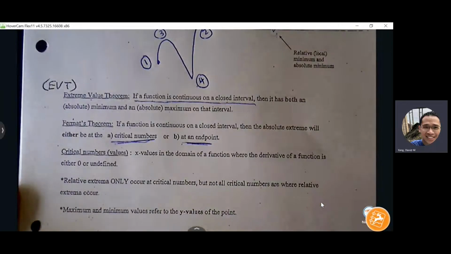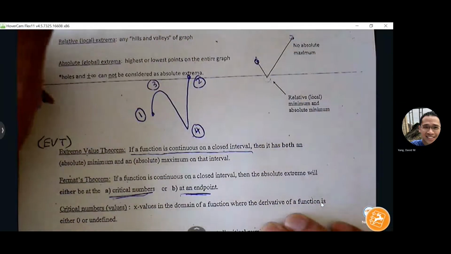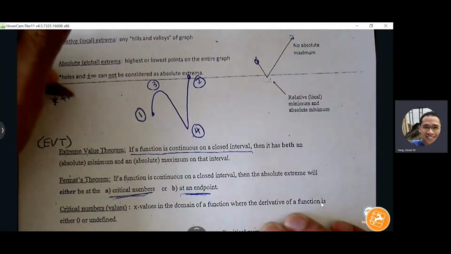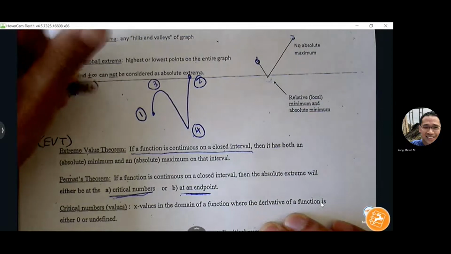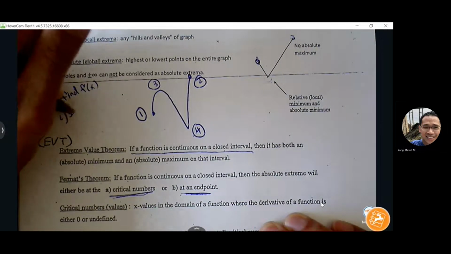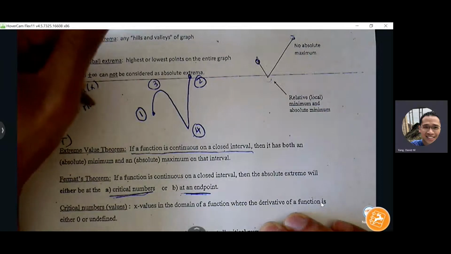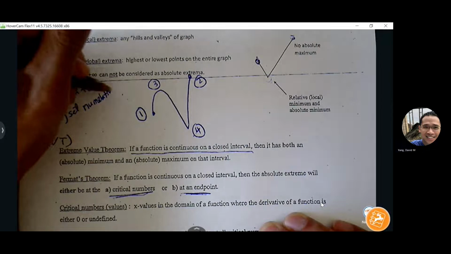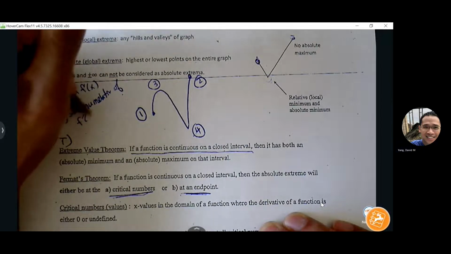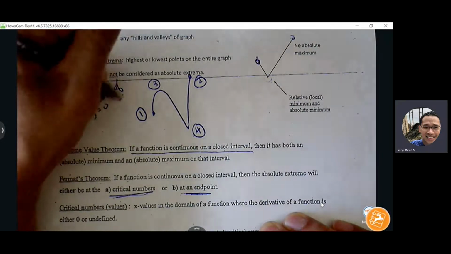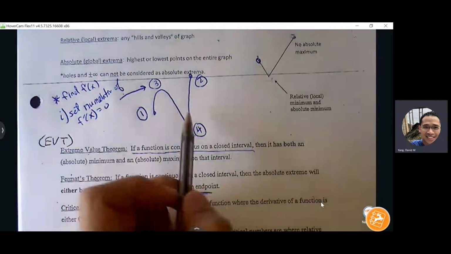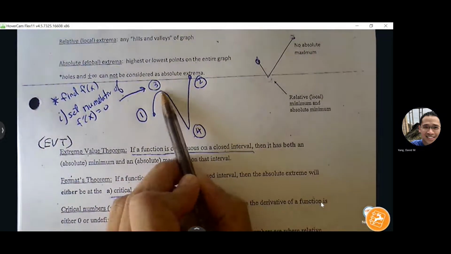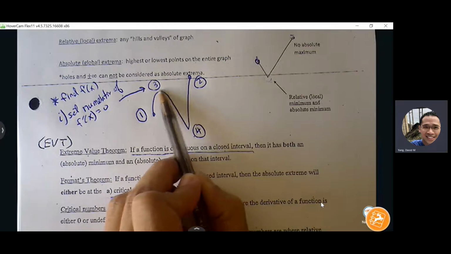So here's what we're going to do. We're going to find f prime. Set the numerator of f prime equal to 0 to find a point that could look like this, where the graph is a smooth transition.